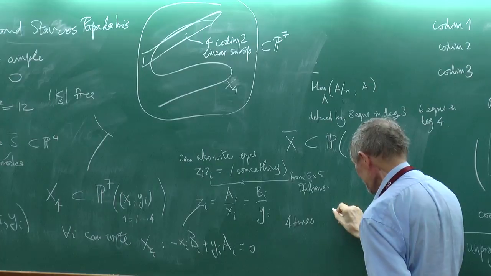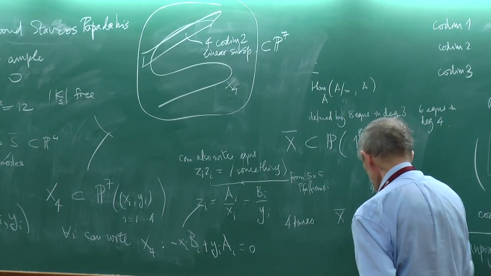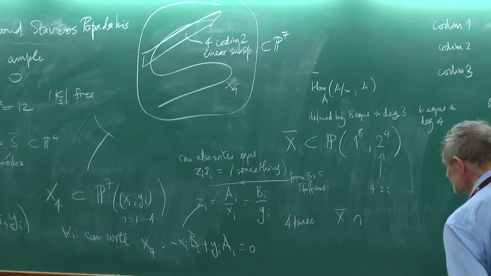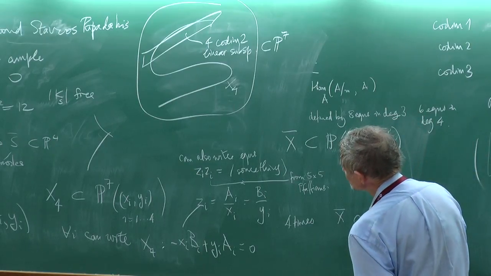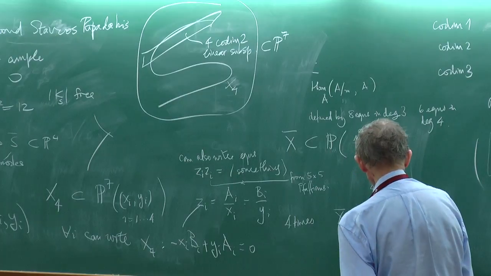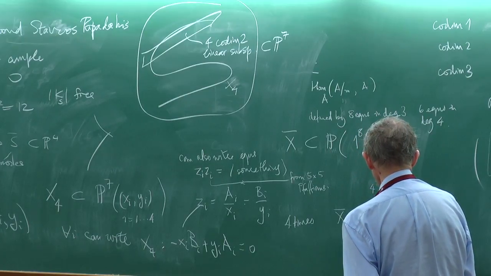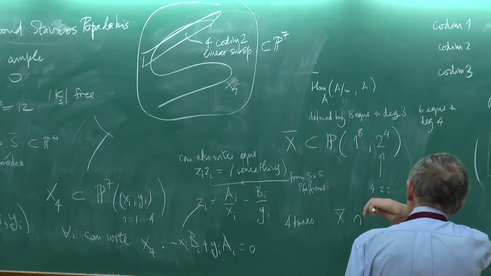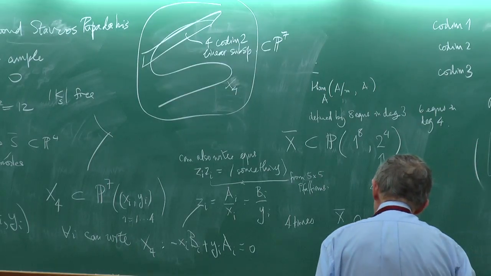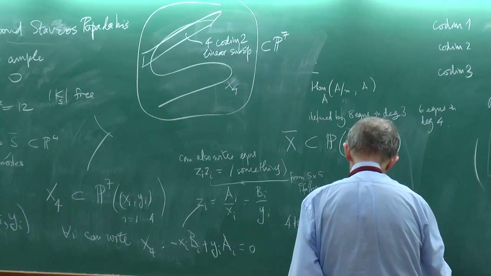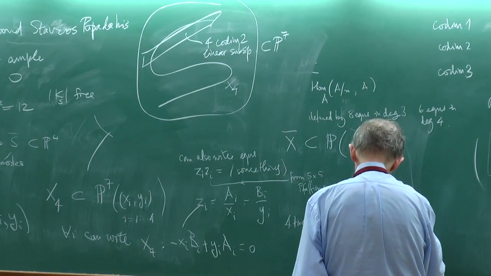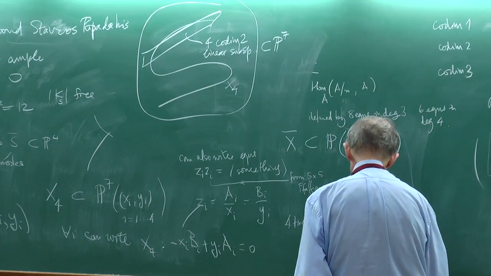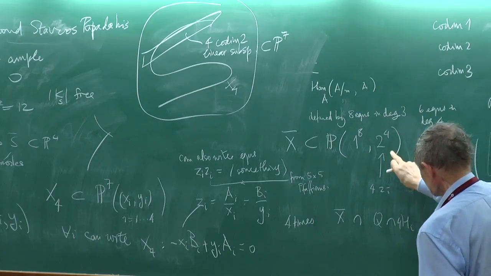So if I do x bar intersect, what do I want to do? I want to intersect by a quadric and 4 Hi's. Right.